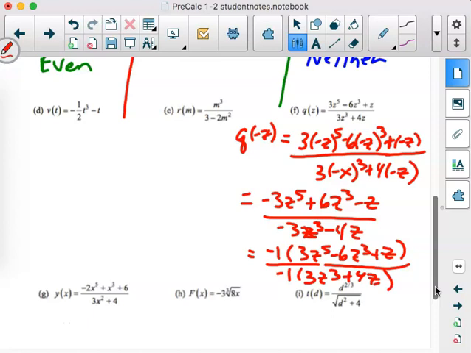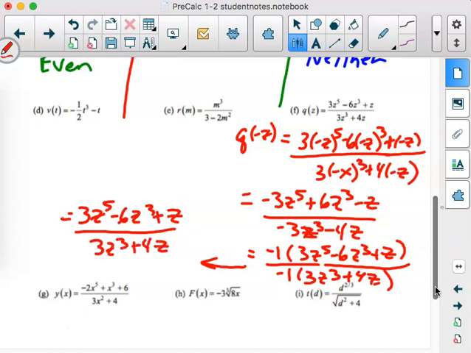Okay, well then the negative ones would cancel out. I'm going to come over here since I ran out of space, and it'll look like this. 3z to the 5th minus 6z cubed plus z over 3z cubed plus 4z.